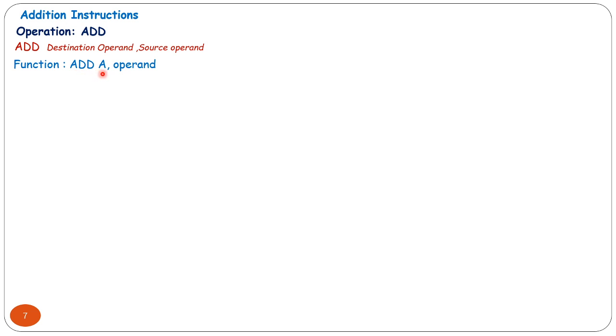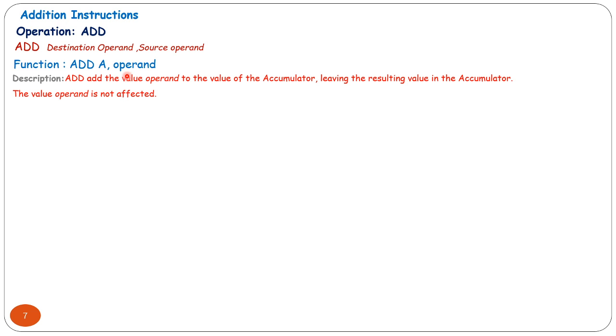The function ADD A, operand may be a memory location, direct data, or any other values. So description: add the value of the operand to the value of the accumulator, leave the result in the accumulator, the value of the operand is not changed. So only the accumulator value gets changed.